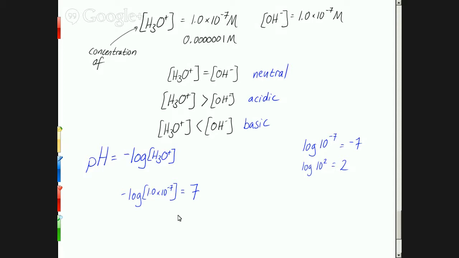So we took the exponent, the minus 7 in 10 to the minus 7, and then we take a minus minus 7, and a minus minus 7 is just 7. So this is where we get that a pH of 7 is a neutral pH. Because at a pH of 7, the hydronium ion concentration equals the hydroxide ion concentration.